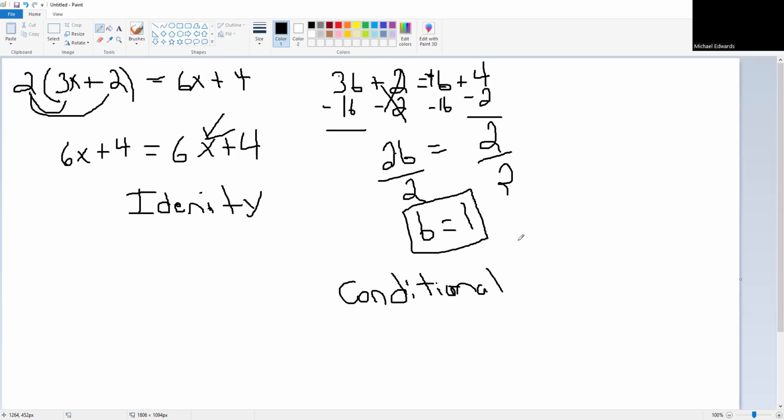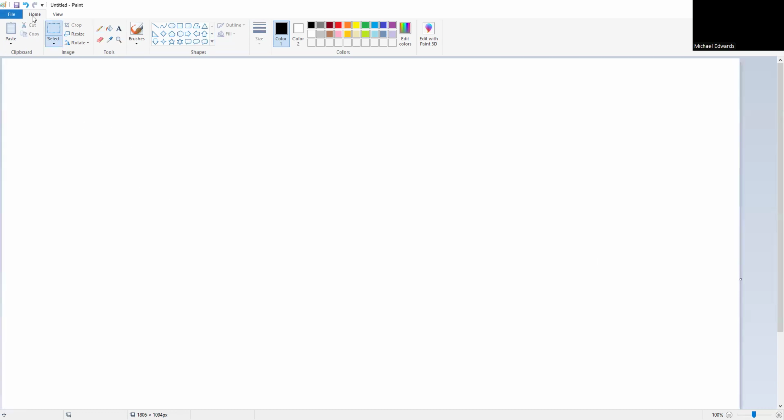All right, let's go and look at some more of these. This example is 1/2 of x plus 11 equals 5/2. Now, the book wants you to simplify the equation, multiply both sides by 2 to clear the fraction, which makes sense.